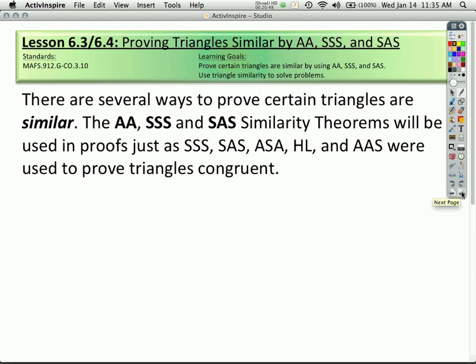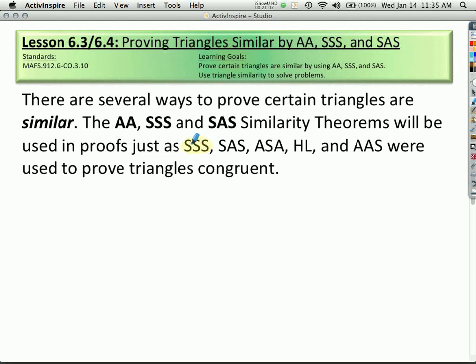So there are several ways. AA refers to angle-angle. SSS is side-side-side. SAS is side-angle-side. But now we have an issue. Because back in chapter 4, I think, when you learned congruence, we learned side-side-side congruence. Now you're learning side-side-side similarity.